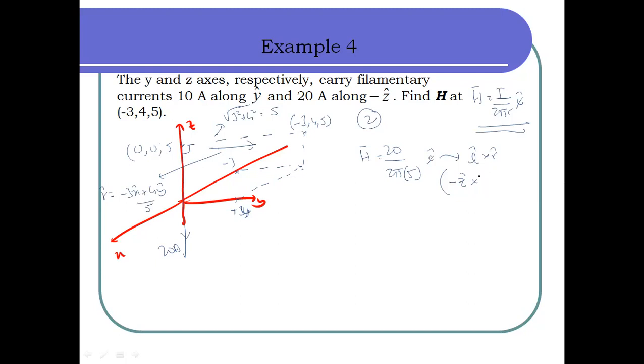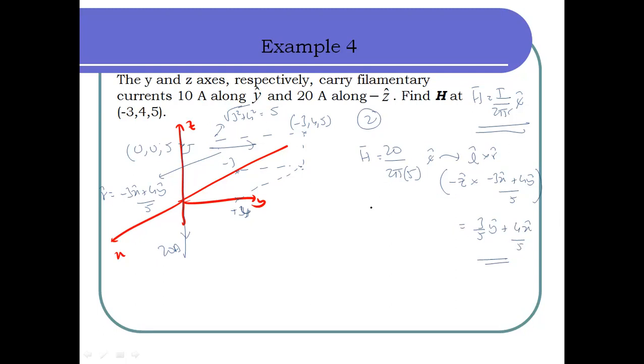The L cross R result will give us 3 over 5 in the y direction. For Z, negative Z cross 4Y: Z cross Y gives negative X, and with the negative sign that is positive, so we get plus 4 in the x direction over 5. That should be the representation for phi.